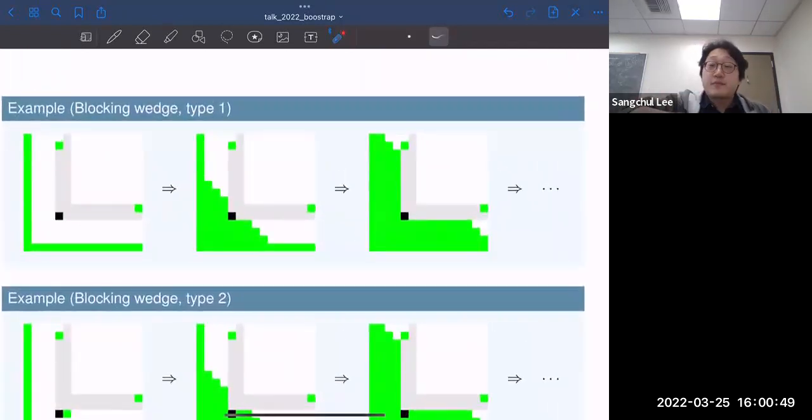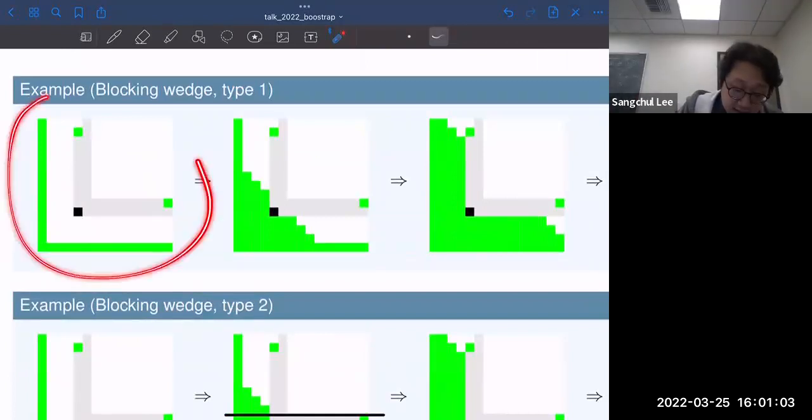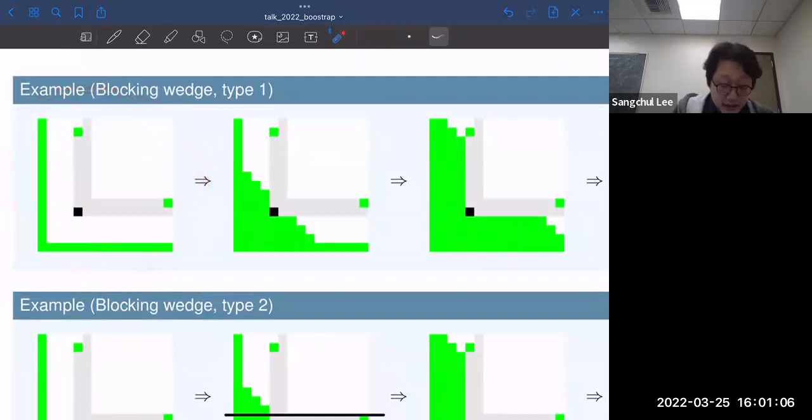So as we saw in the previous picture, the blocking structures are formed by joining something called the blocking wedges. So how will they look? For example, let's consider this initial configuration. And then the growth will take place in the northeast direction until it hits this polluted site.